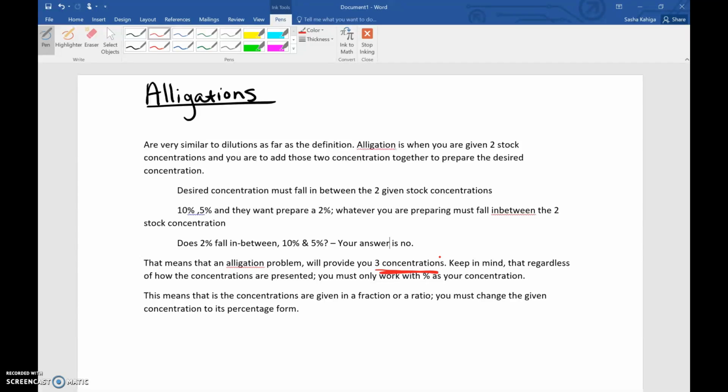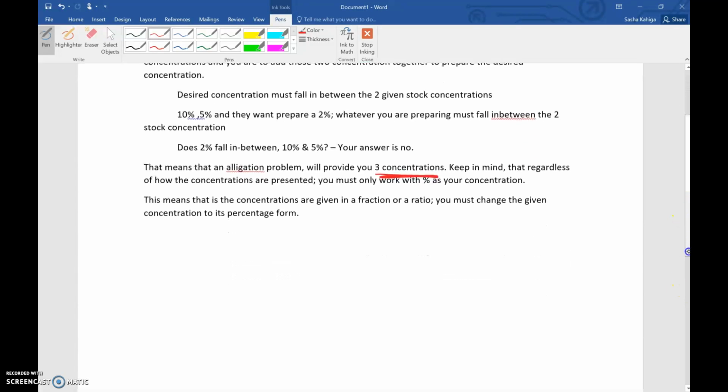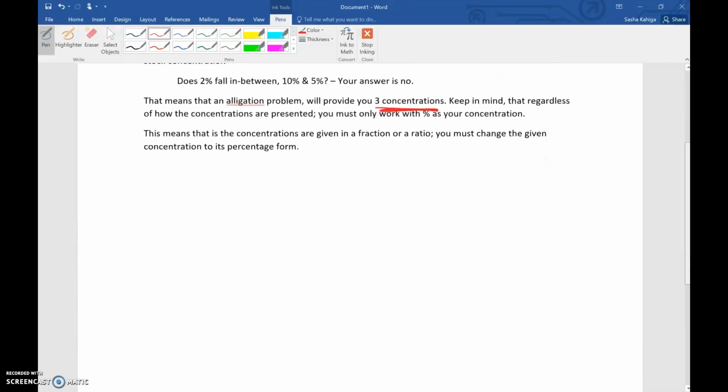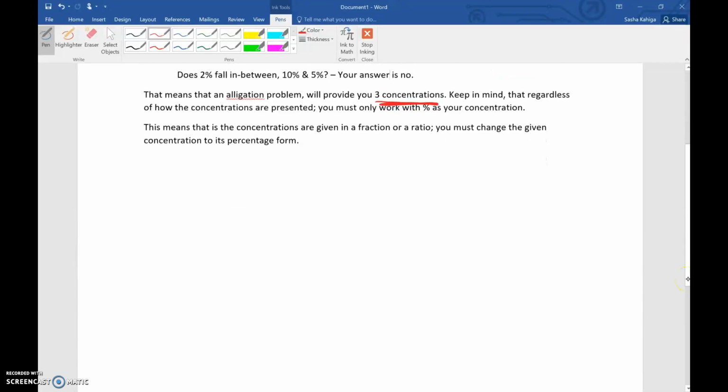All right, so let's keep it moving and go over the process of solving allegations. If you turn to page 539, it talks about calculating medication dilutions using allegations. Remember, I said dilutions and allegations are very similar.